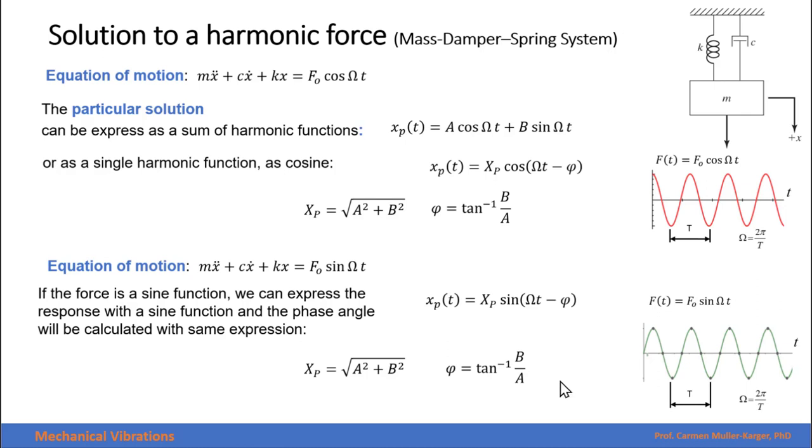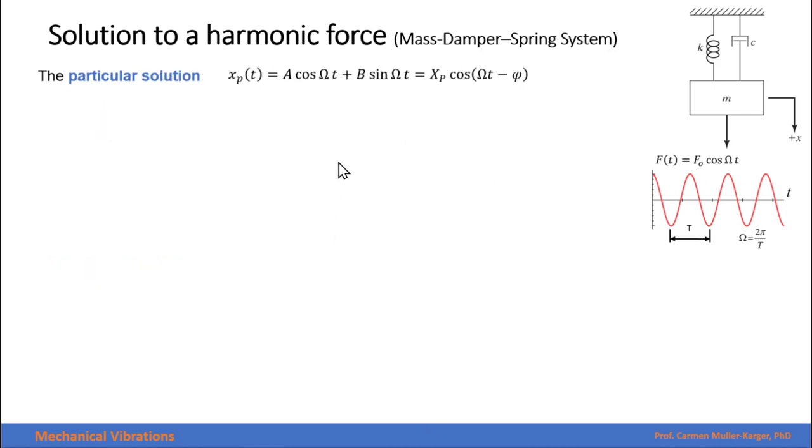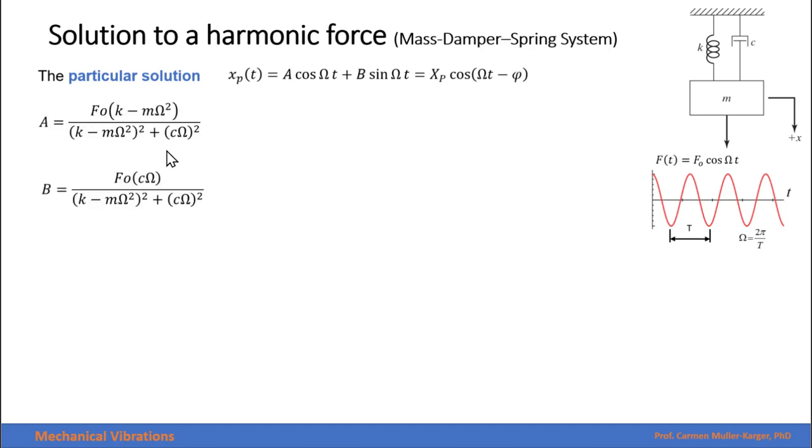You can do the exercise: if you have a cosine function as the excitation, you can express the response as a sine, but then the phase angle will be displaced 90 degrees. We go back to our particular solution, which we can express as a sum of two harmonic functions or a single harmonic function with a phase angle. And we know that the values for a and b are these two.